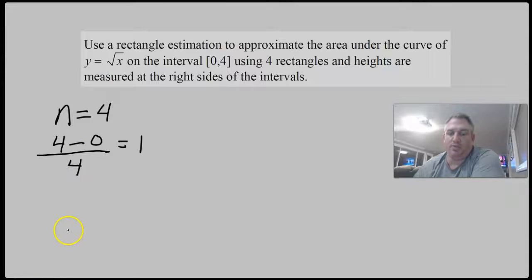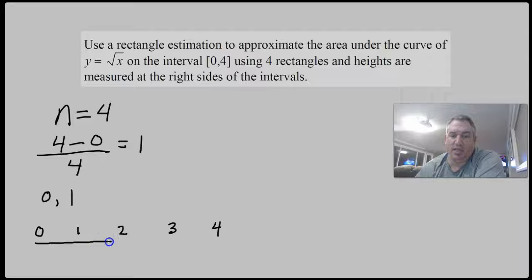We're going to go from 0 to 1, 1 to 2. So what you can think about doing, sometimes it's easier just to go 0 to 1, 1 to 2, 2 to 3, and then 3 to 4. And just make almost like a number line, and then we have our intervals.